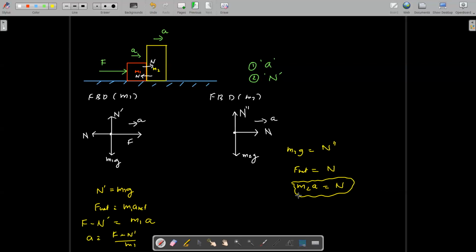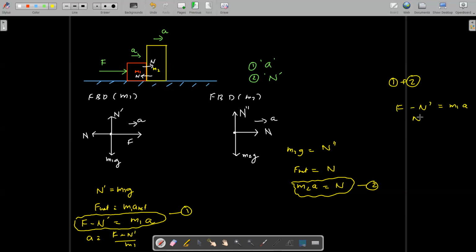Or we can actually take the two equations. Let's take this one as 1, and let's take this one as 2. What happens if you add 1 and 2? We have f minus n dash equal to m1a, right?